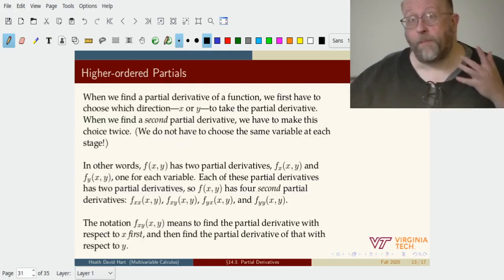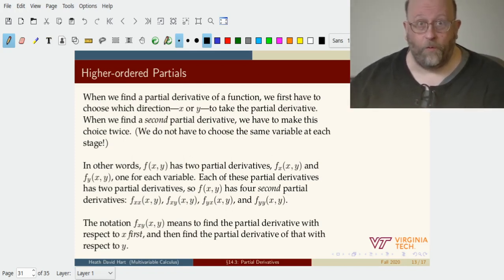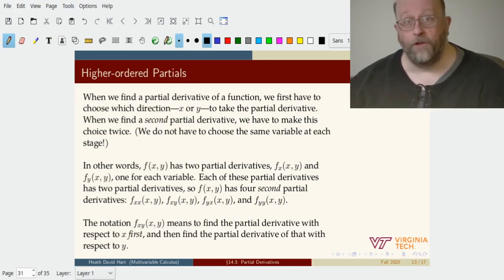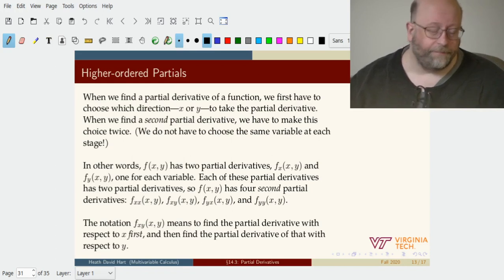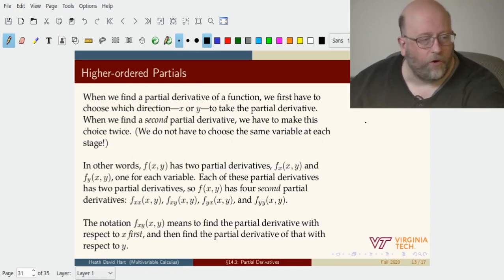All right, so we've talked about derivatives. If we have to go to second derivatives, if we want to talk about concavity of a surface, we can do that, and we will do that. But we have to talk about the idea of higher order partials.